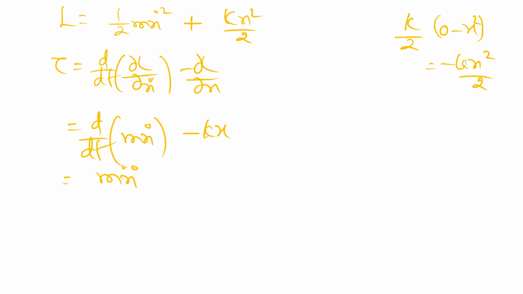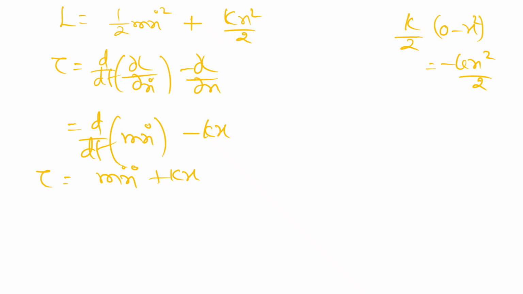Kinetic energy minus potential energy: potential energy is minus, so minus of minus is plus, so it is plus kx squared by 2. But dou L by dou x gives minus kx. So tau is m x double dot, and then minus minus becomes plus kx.